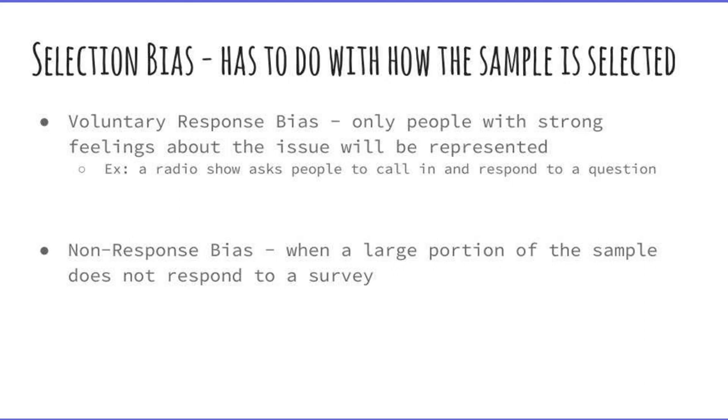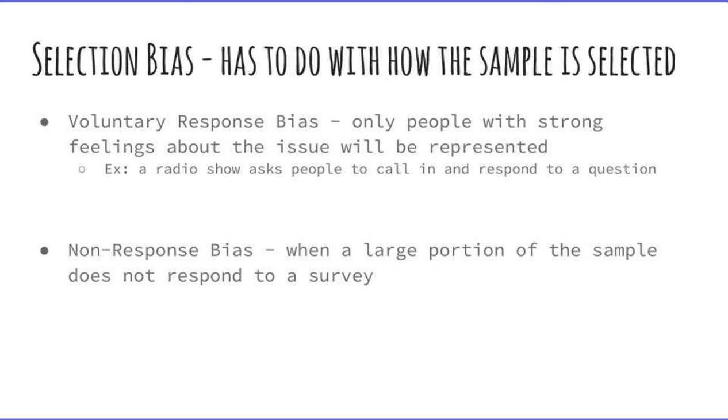2 examples of selection bias. One is called voluntary response bias. Okay, so that's when only people who have really strong feelings about something are going to be represented. Example, if they're talking about something on the radio and they ask people to call in and give their opinion or answer some question that they're trying to figure out, the chances of someone calling in are only high if they actually care about that issue.